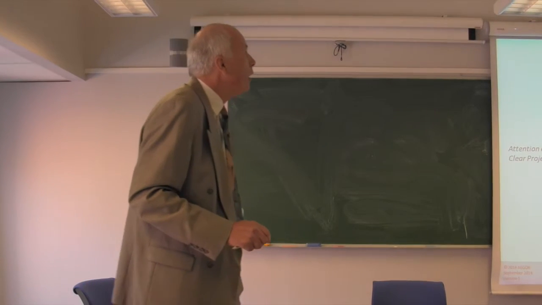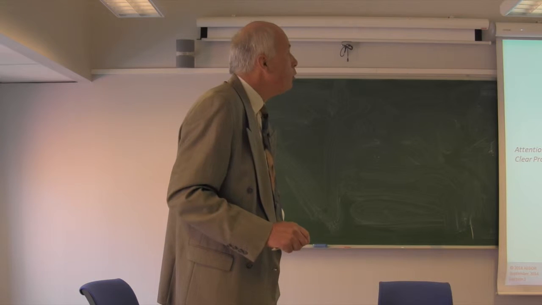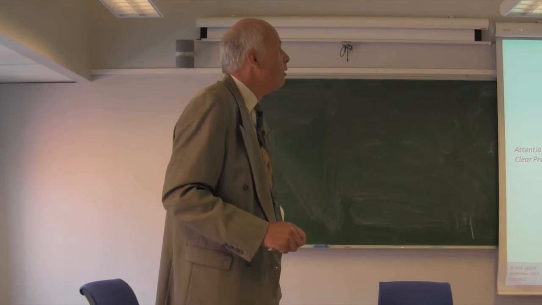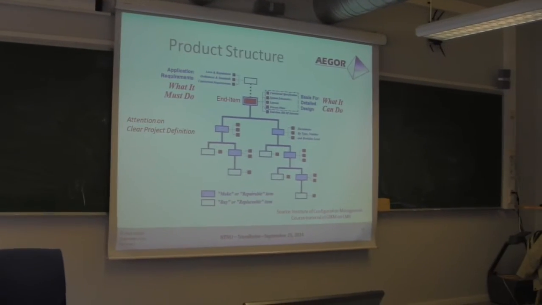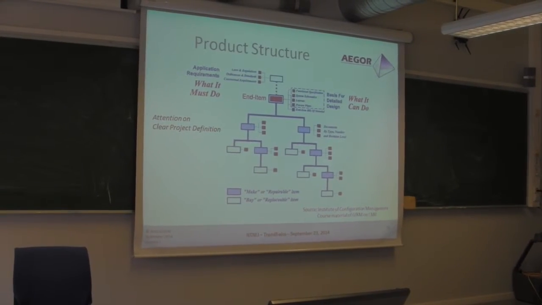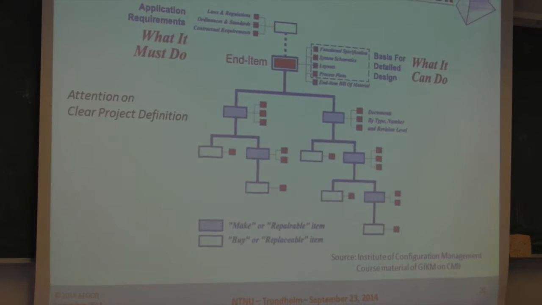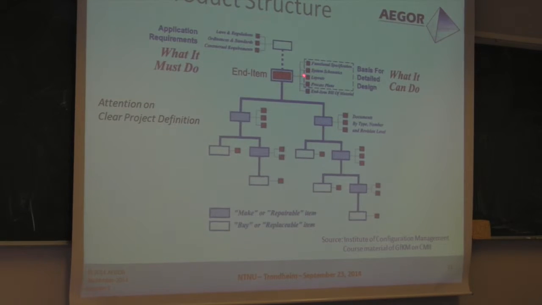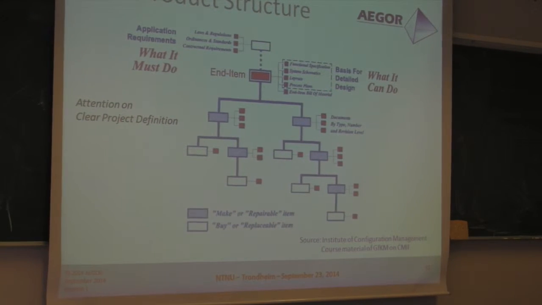The answer says, okay, what can the product do? A functional specification. How does the system, the technical system, do that, in system schematics? How does the product look like? There can be layout, there can be a BIM model, there can be everything, and how it's built in main lines.